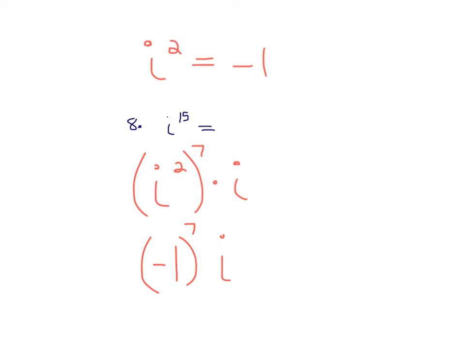Now, back in Algebra 1, were you ever taught that if you have an odd number of negatives, the answer is always negative, but if you have an even number of negatives, it's positive? No? Okay, let me clarify that.